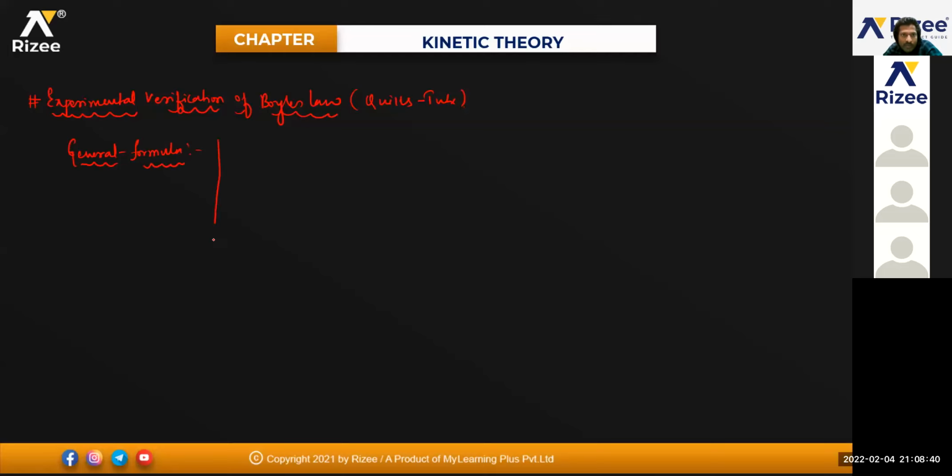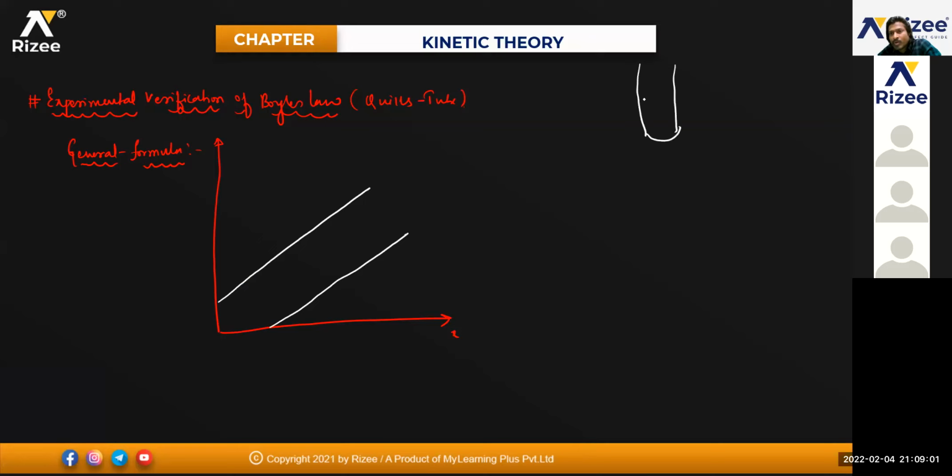Say this is your y-axis and this is your x-axis. We are taking a tube which is inclined here. What exactly is a quill tube? A quill tube is nothing but a test tube, something like this, and it is covered by a mercury pellet.